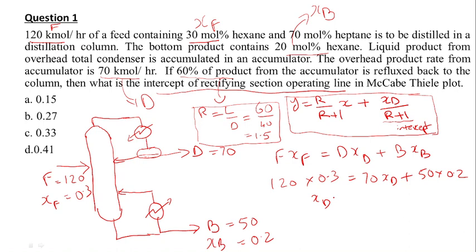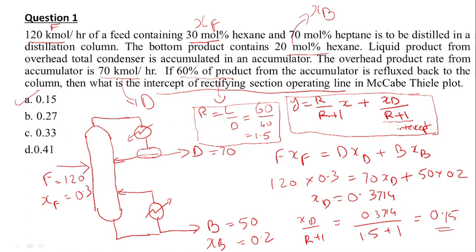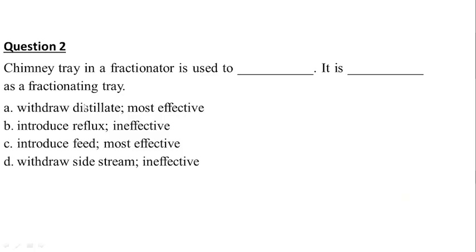So on substituting this XD in this equation, where XD by R plus 1 is obtained as 0.15. So the answer for this question will be option A. Let's move to next question.